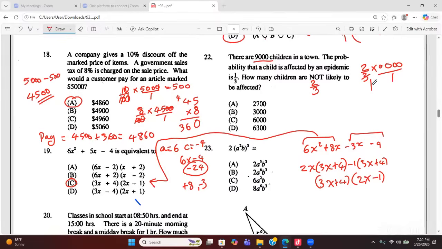So you gotta break it down. 3 into itself is 1. 3 into this will give you 3,000, and 2 times that will give you 6,000. So this is the answer. It's a very straightforward question, as you could see right there. Yes, B.